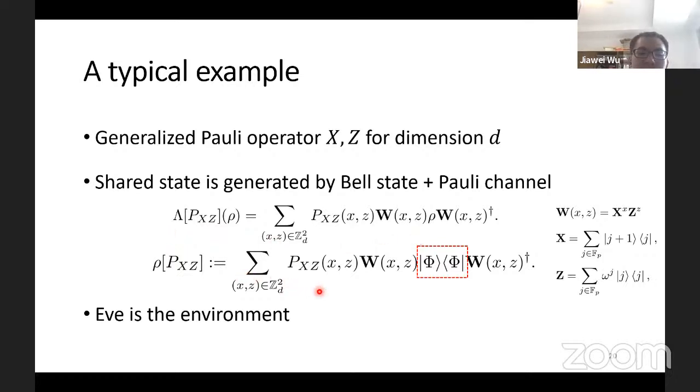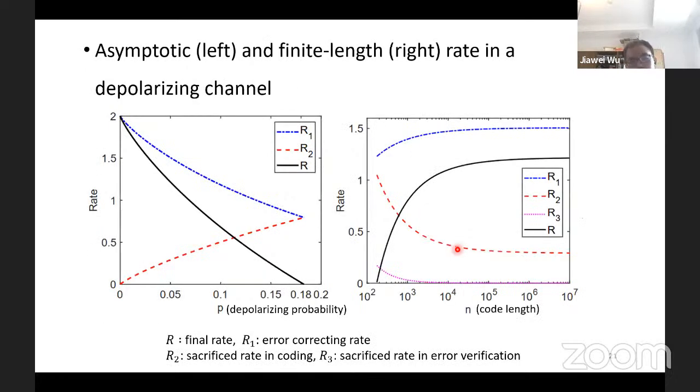And Eve is the environment. In this example, we can have a direct picture of how the transmission rate and the secrecy go.